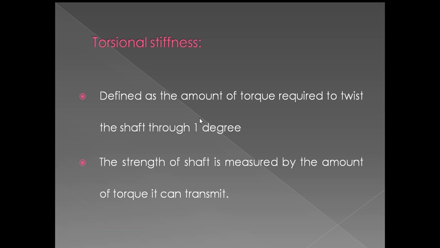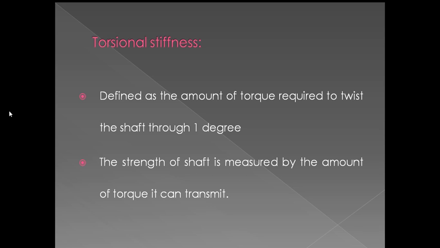So here limiting the torsional deflection is very important because a shaft with excessive deflection cannot be used for certain purposes, and a more rigid section must be chosen. As per the specifications, the angle of twist must not exceed 1 degree for a length of shaft equal to 20 times the diameter.